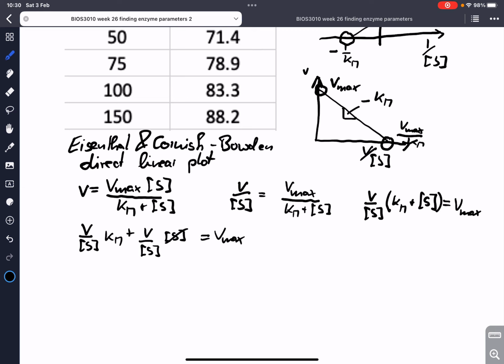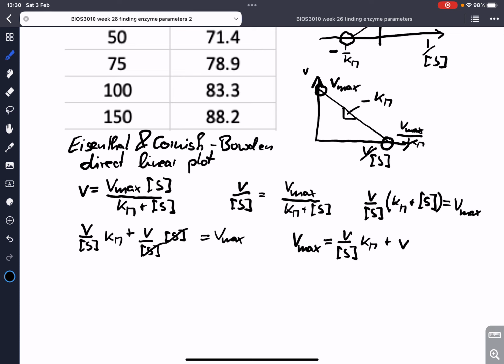And we see that the S cancels out, and we can write that in a slightly different format. We can write this as Vmax equals V over S times Km plus V.